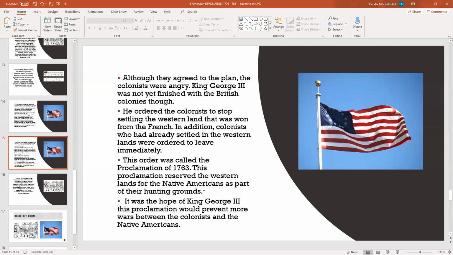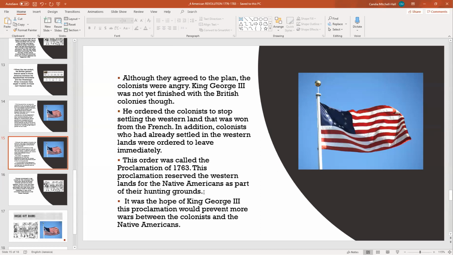The British. The king. Or the French. The French wanted it, but remember the French would have lost the war. They were the ones who occupied it for a period of time. The British fought a war and took over the Western land, but somebody else wanted it.